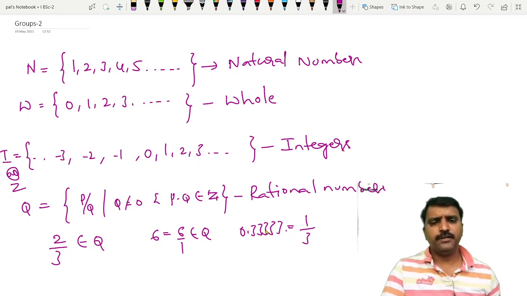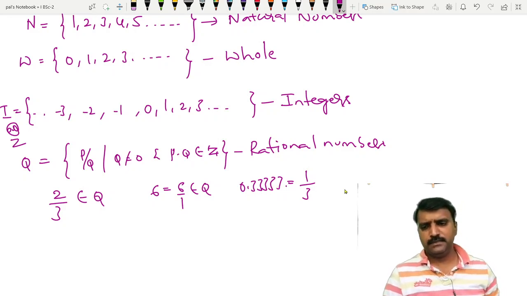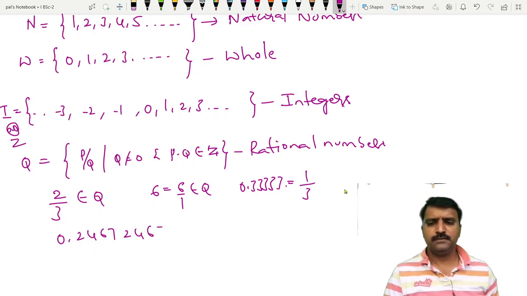So how can you guess this is rational and this is not a rational number? The number is repeated and recurring. For example, 0.2467 2467. A set of numbers is repeated, so recurring like this, 2467 2467.